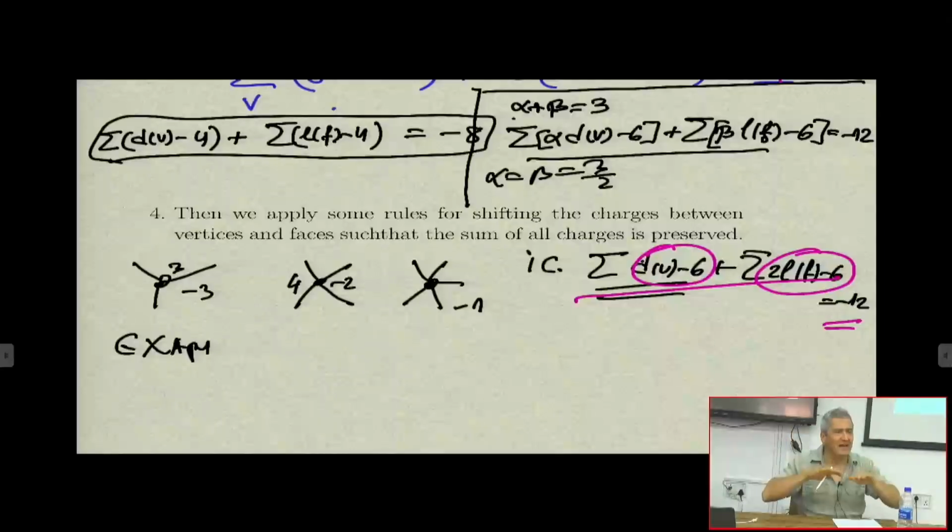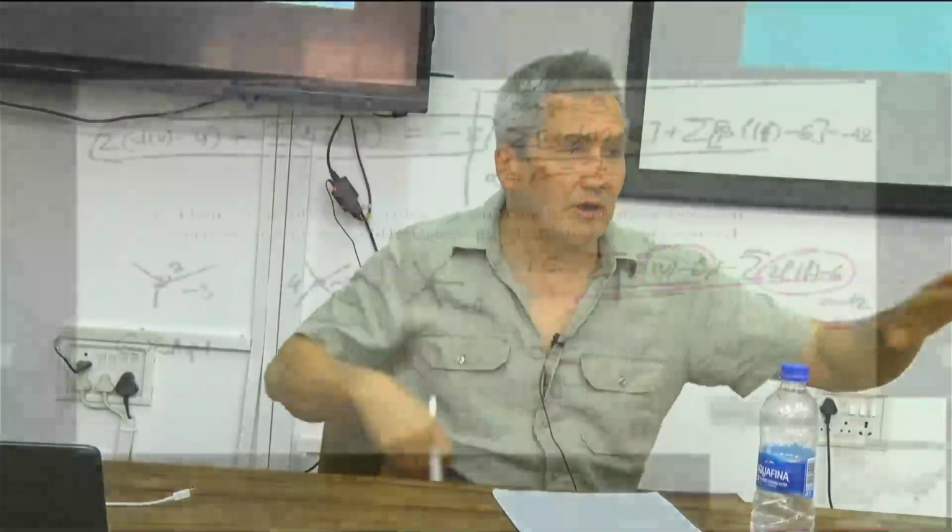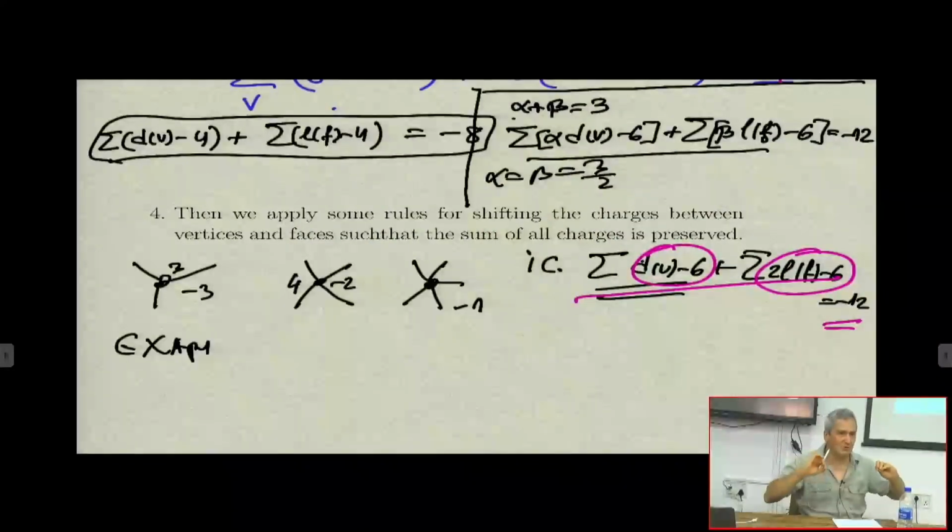The idea is that at the end everybody has at least 0 charge. If everybody has at least 0 charge, the total charge will be at least 0, very likely positive. But we didn't put anything into the pocket; we just moved charge around, and that will be a contradiction because the total is minus 12.